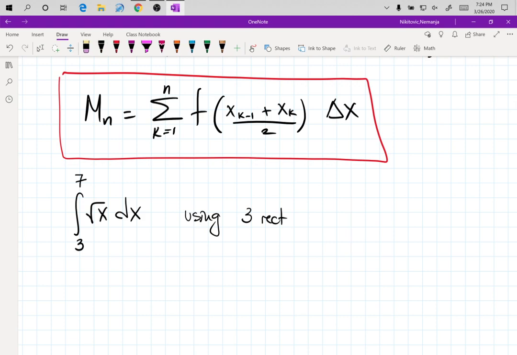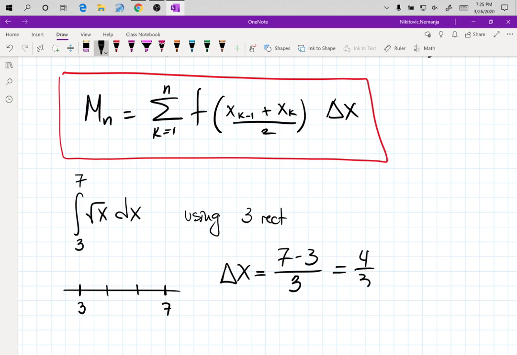You don't have to draw the graph, you can just draw the partition. Here's your 3, here's your 7, and you need to divide it into 3 parts. So each one is 4/3 long.